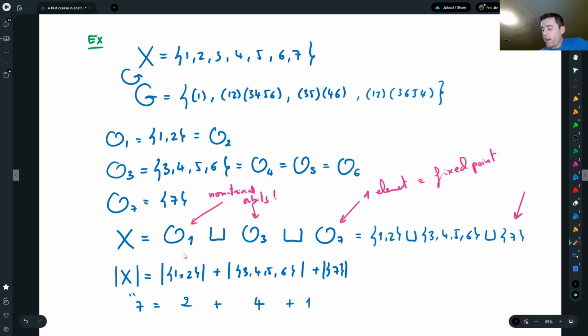For example, here we had a representative for this orbit, it was 1, but I could have picked 2 as a representative, or here I've picked 3, but I could have picked 4, 5, or 6. And this orbit is one of those that has only one element in it. So in here, the fixed points are exactly just 7 itself.